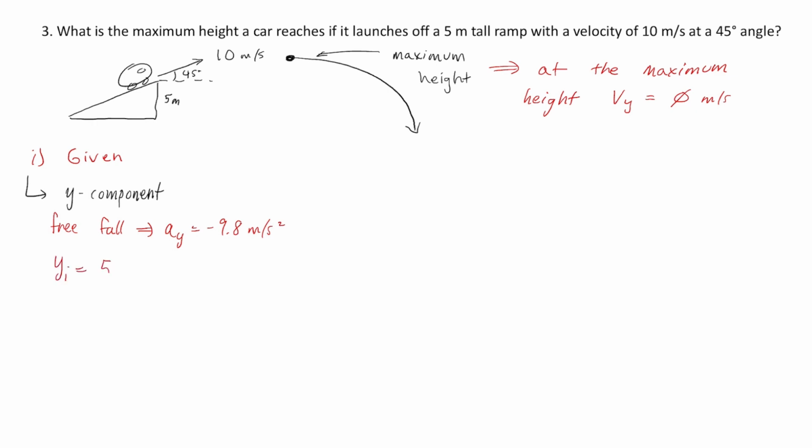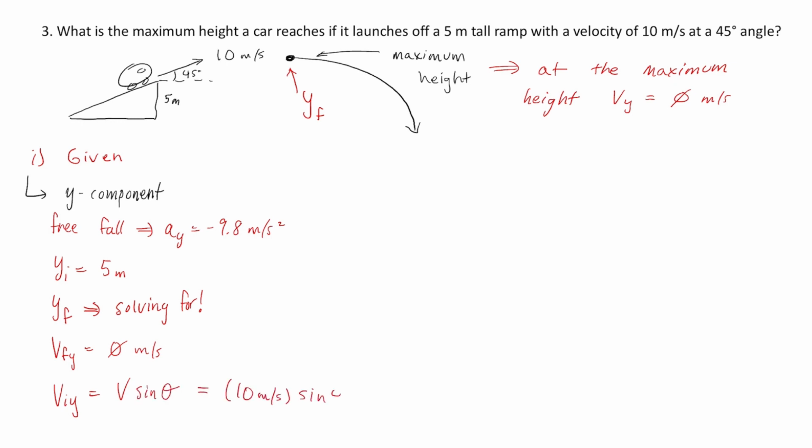We also know the initial position of the car is 5 meters, and the final position of the car is actually what we're solving for, because that represents the maximum height. And we know that at the maximum height, the velocity is equal to 0. And we can also calculate the initial velocity in the y component using v sine theta. All I have to do is plug in my values, and we find that the initial velocity in the y component is about 7.1 meters per second.